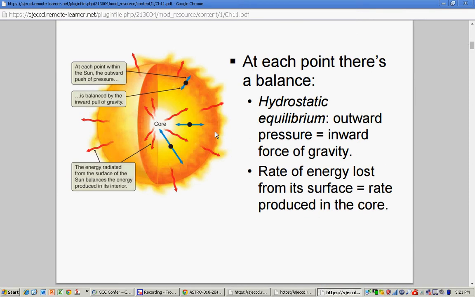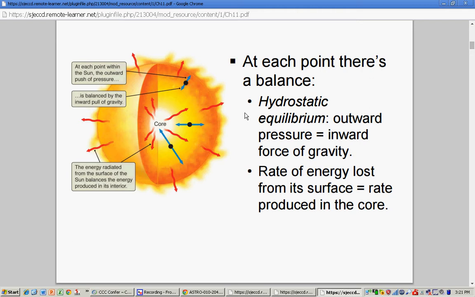So again, the interior part of the sun has the core, the radiative shell where diffusion of radiation takes place, and a third shell where convection takes place.